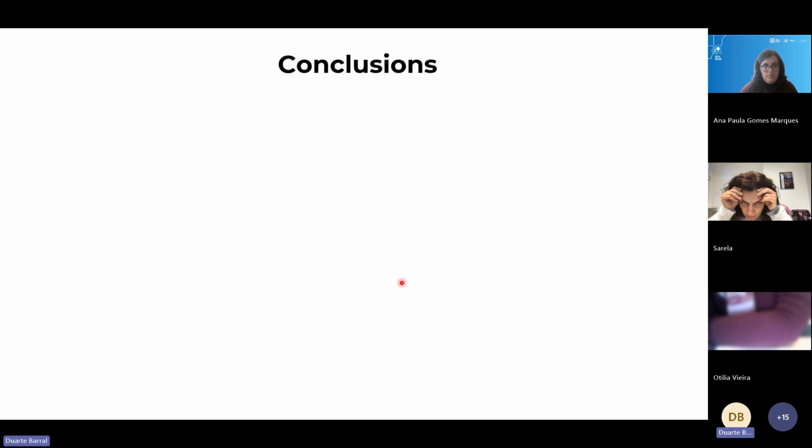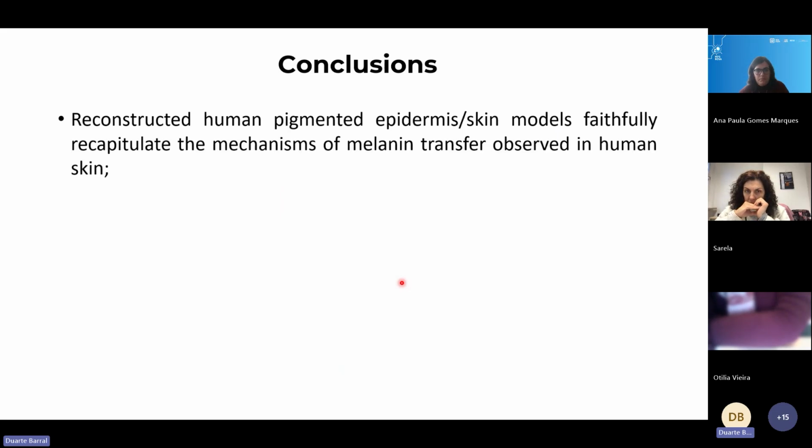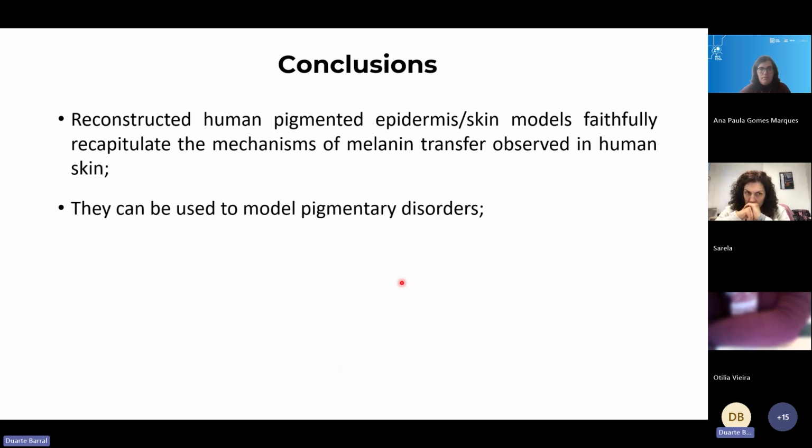So this leads me to the conclusions, and I just have one more slide of future perspectives or the current challenges. But basically we showed that these reconstructed human pigmented epidermis and skin models faithfully recapitulate the mechanisms of melanin transfer observed in human skin.